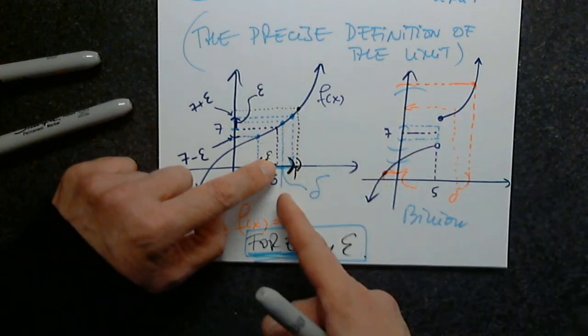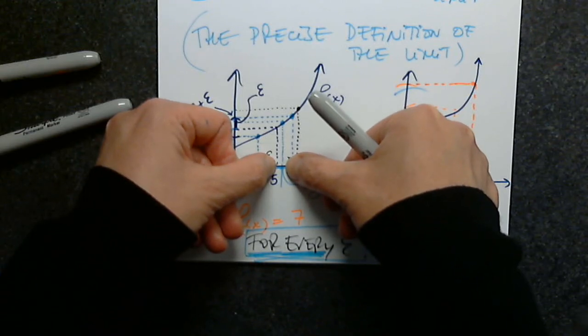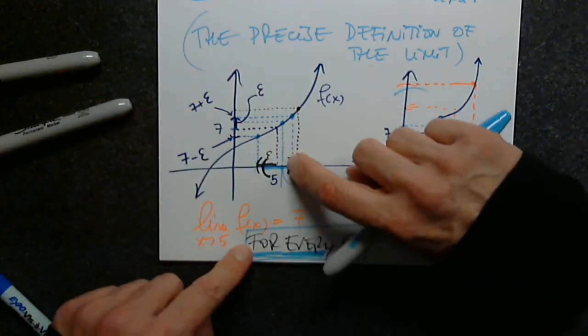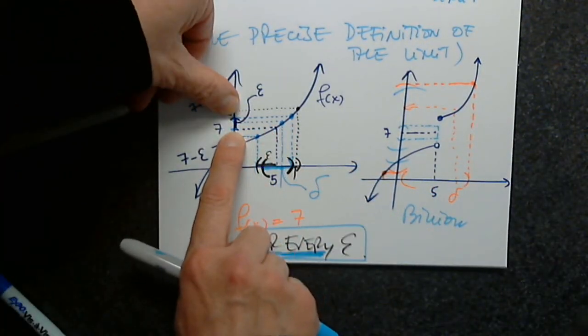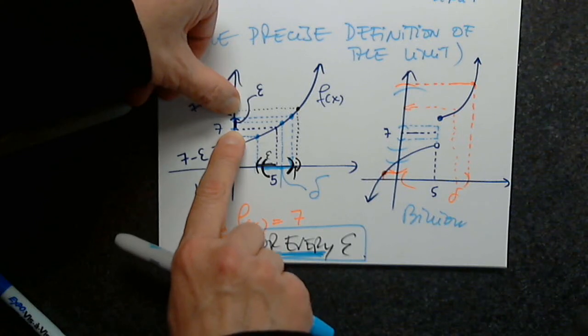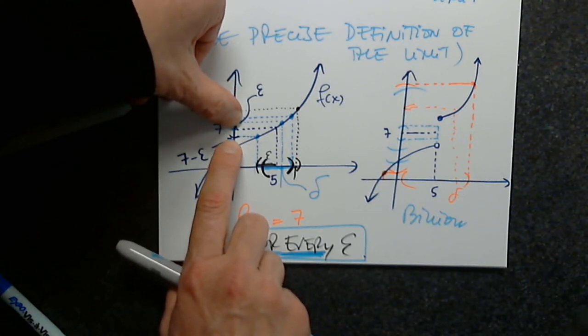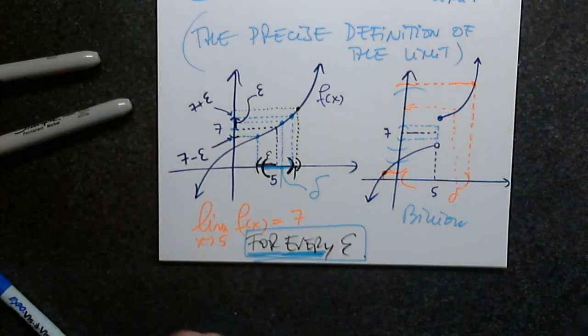So that when I pick x here with distance between 5 and x smaller than delta, f of x will find itself between 7 and 7 plus epsilon, or maybe here between 7 and 7 minus epsilon, so that the distance between f of x and 7 will be less than epsilon.